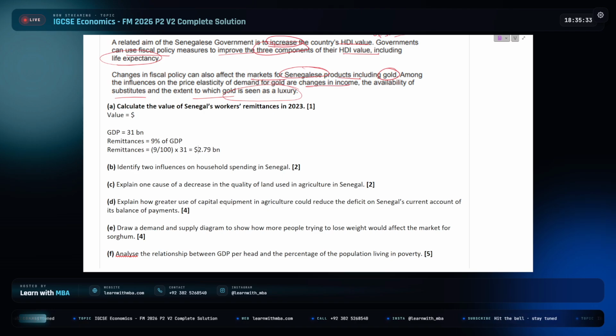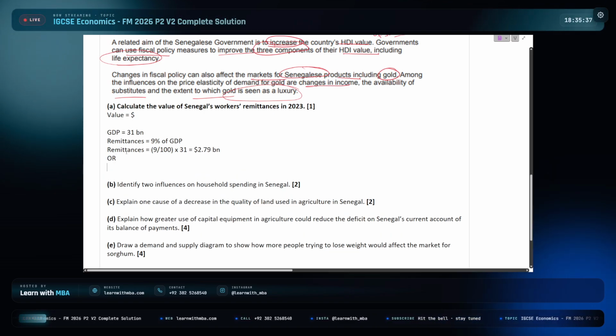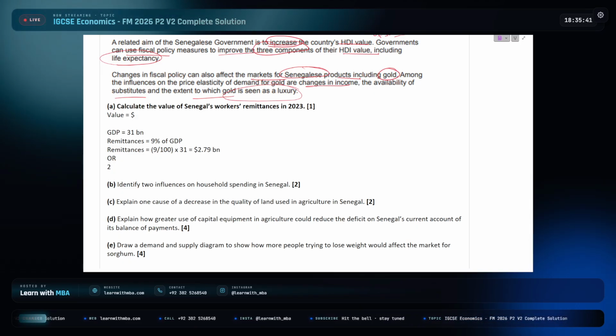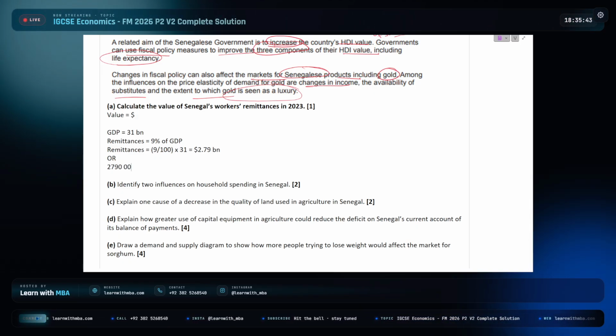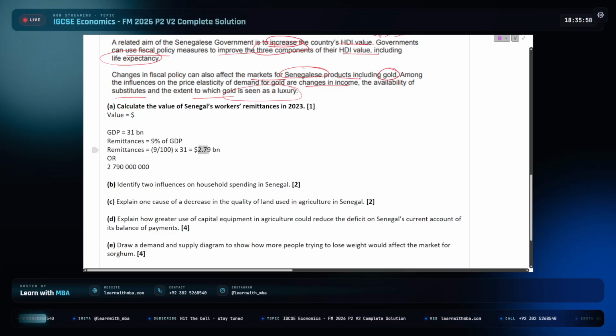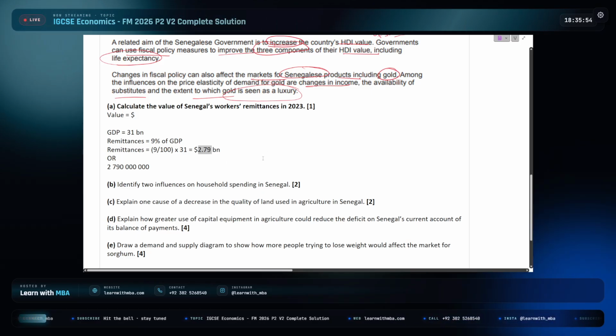So make sure to write this billion alongside, or write down 9 zeros with it, which means 2790 and then 6 zeros alongside. So either write like this or write like this. But if you just write 2.79 and don't write the billion alongside it, you won't get a mark. Understood?